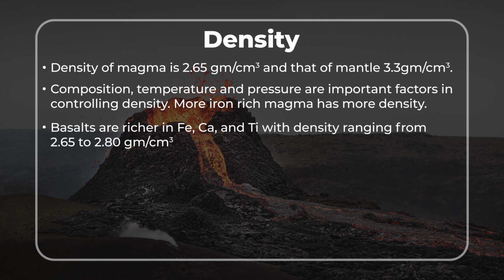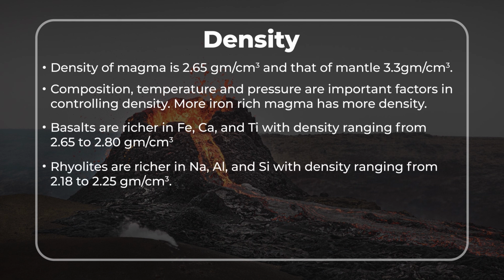More iron-rich magmas are denser. You understand? Because the basaltic magmas are higher in iron, calcium, titanium, they have higher density that ranges between 2.65 to 2.80 grams per centimeter cube.